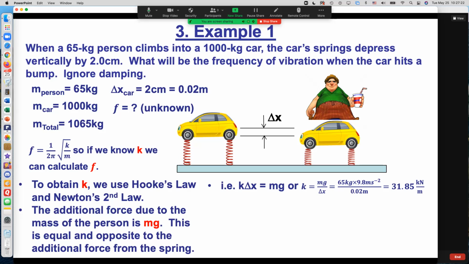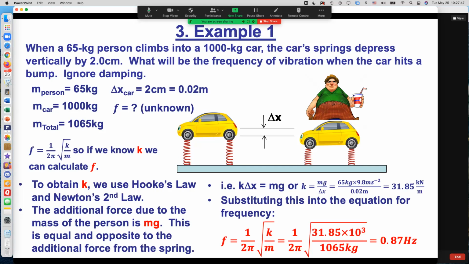So that means that k times delta x equals mg, or k is mg over delta x, which when we calculated is 31.85 kilonewton per meter. We now substitute that into the equation for frequency. Frequency is 1 over 2 pi root k over m. Put the numbers in, 0.87 hertz.